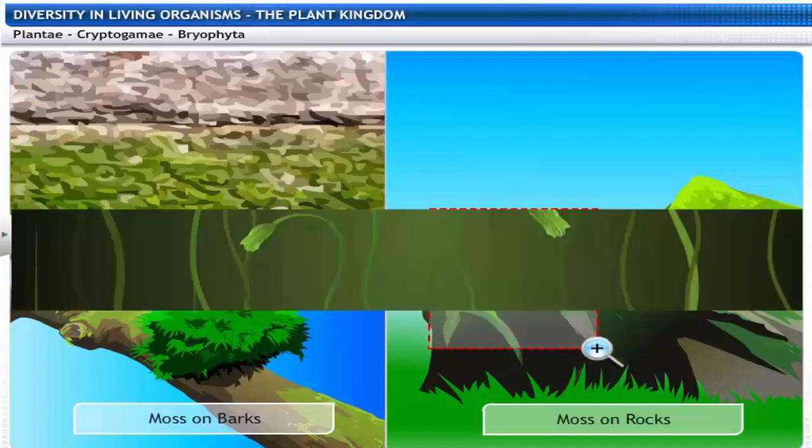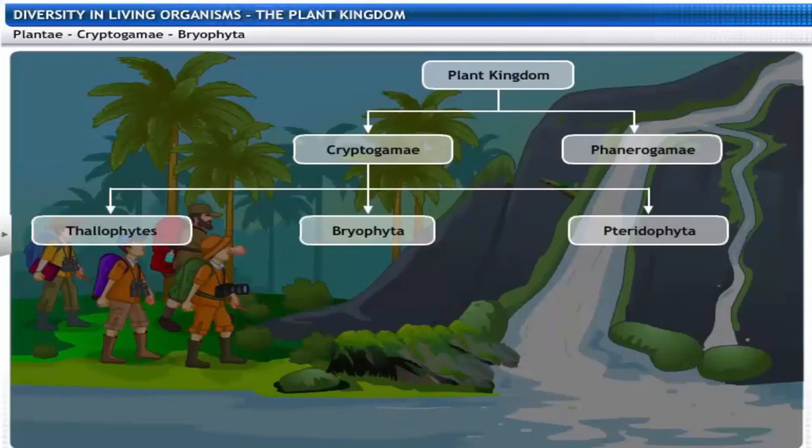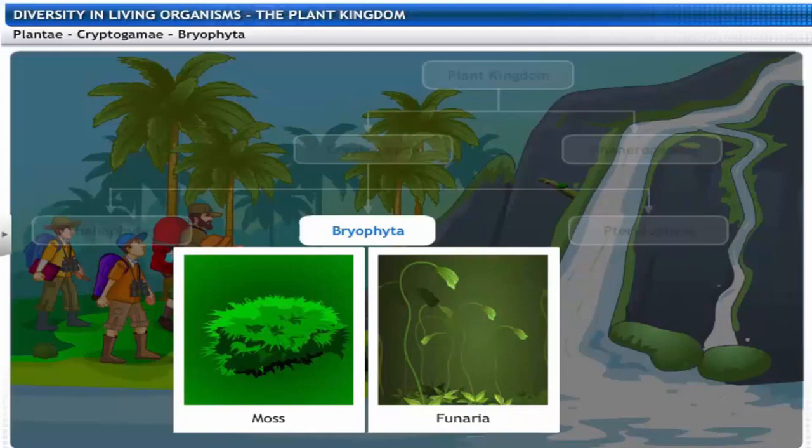Now, look at it closely. You will find that it resembles a plant. That is, it displays a stem and leafy structure. Moss, or Funaria, belongs to the group Bryophyta.